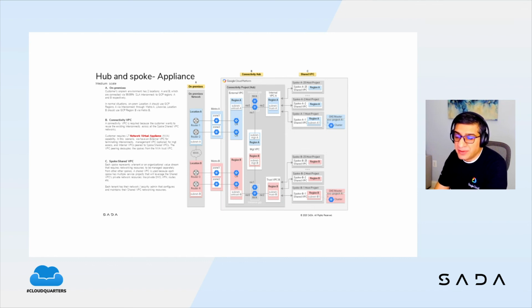Now, this design model can really scale to more than 150 spoke VPCs when you create multiple internal VPCs. And this is really before you need to provision a different set or 2 more pairs of these appliances. As you can see, we deploy the appliances in pairs, and there are load balancers on each side of the connection to make sure that there are no single points of failure in here.